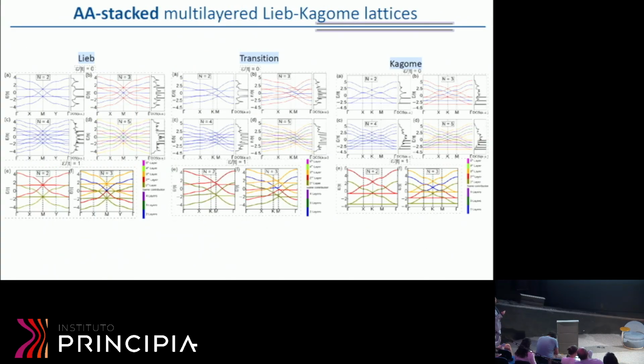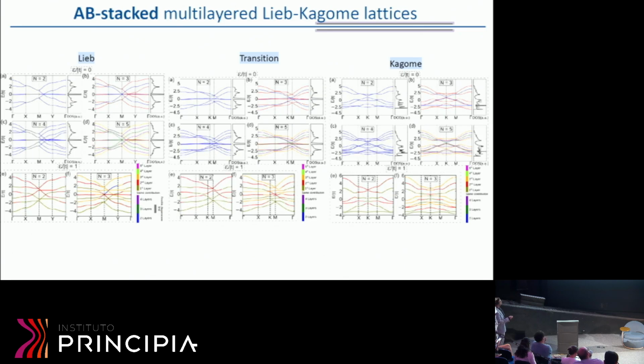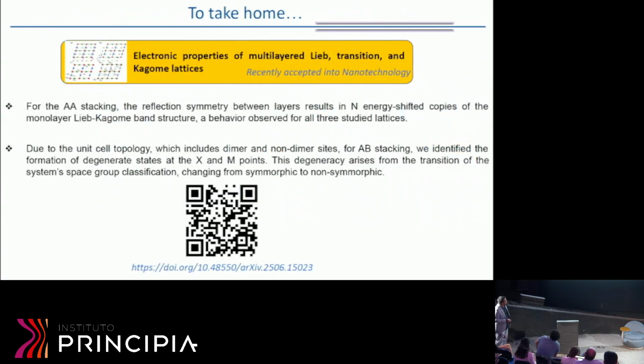Generally speaking, we saw that the AA case is just a copy of the monolayer, like AA bilayer graphene, but the picture is completely different when you take AB due to the no symmetric symmetry, and especially for Lieb, those bands are degenerate along X and M. This is also on arXiv and was just accepted in Nanotechnology.